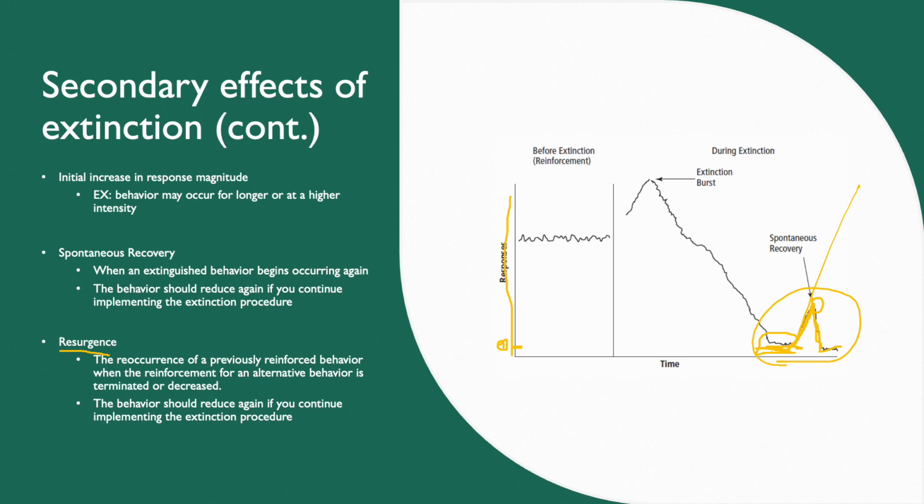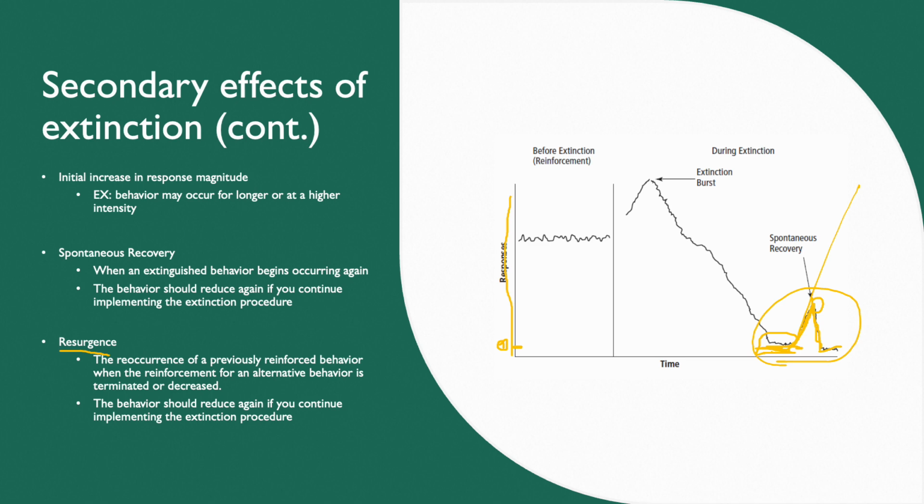So let's say you were reinforcing a specific topography of behavior that is an alternative to the maladaptive behavior, but now that behavior is no longer resulting in reinforcement, and is being placed on extinction. Because of that, like I said, you're going to see novel forms of behavior, or response variation.